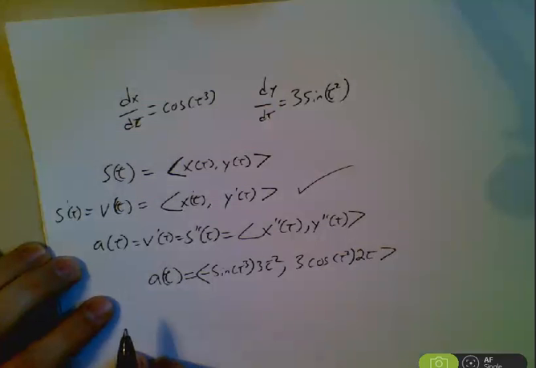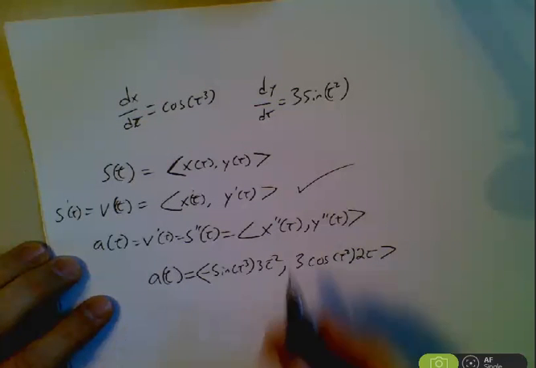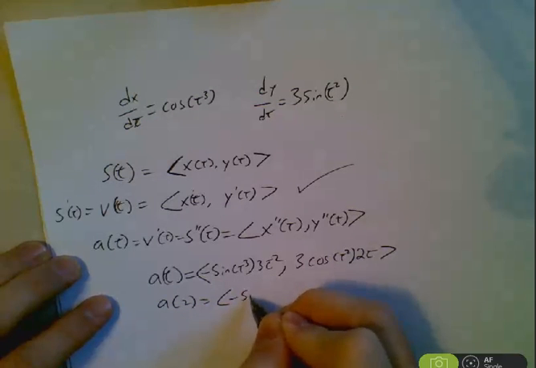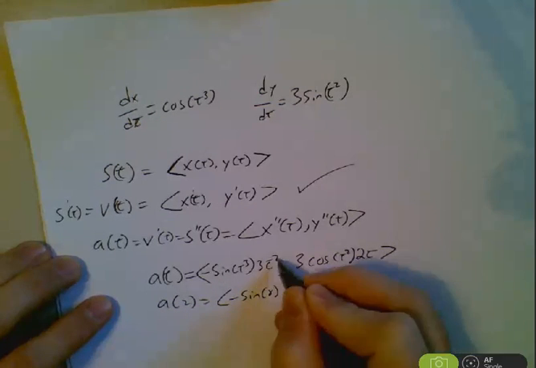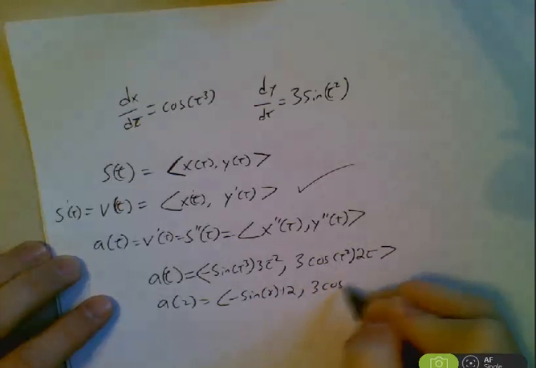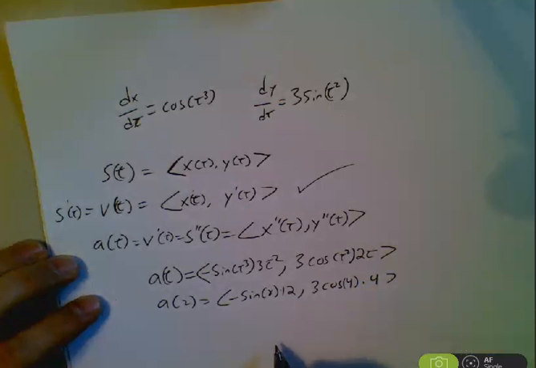And there's my acceleration vector. And all I need to do now is apply, I think they said, when t equals 2. So a of 2 would be negative sine of 8 times 12, and then 3 cosine of 4 times 4. Put that in your calculator, and you should be able to get that.